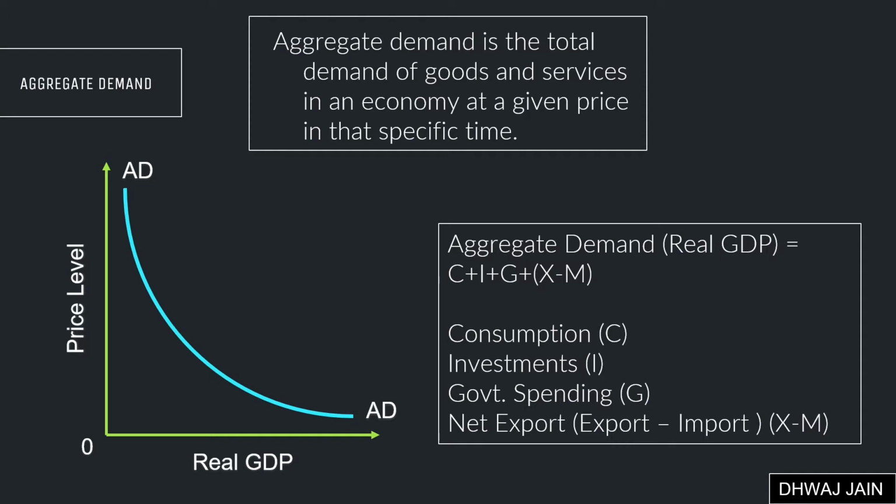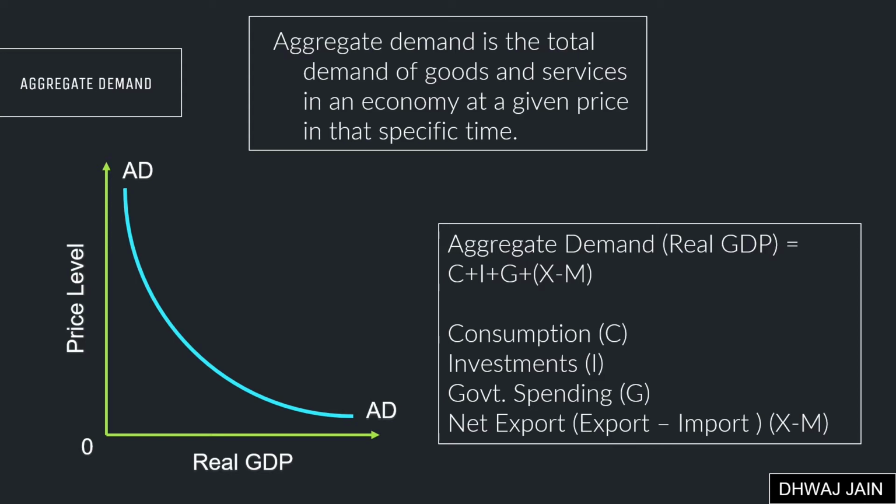Aggregate demand is basically real GDP, which is C plus I plus G plus X minus M. When you're calculating the aggregate demand, it should be at a specific price and at a specific time. A specific time basically means, for example, during an economic recession or during economic growth.